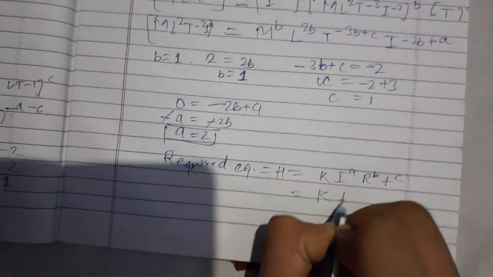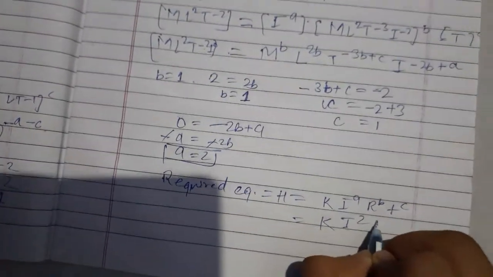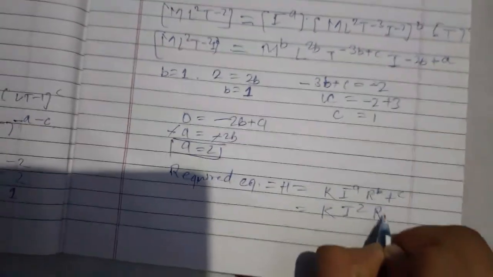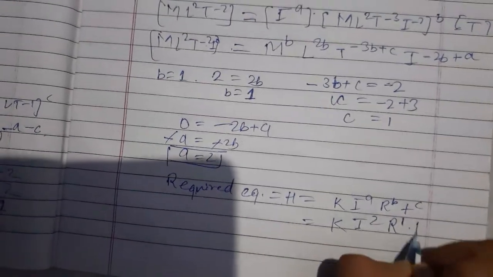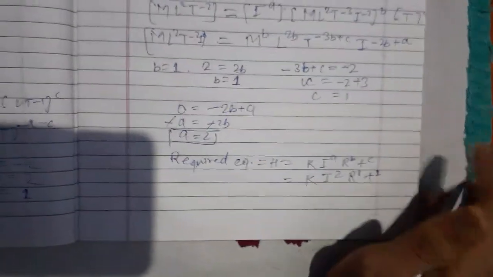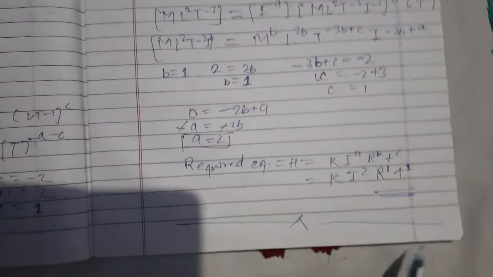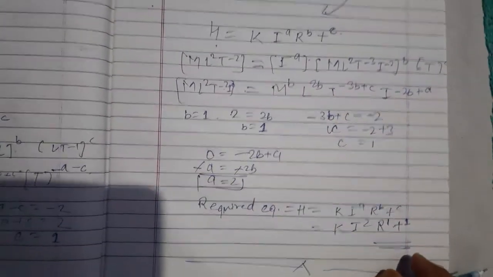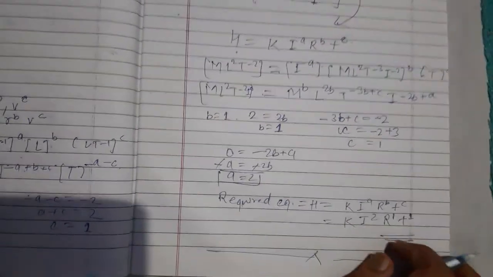So a is 2, b is 1, and c is 1. So H equals k I^2 R t is the formula, and that's it. Completed the worked out examples, and next day it will be the questions for short answers.